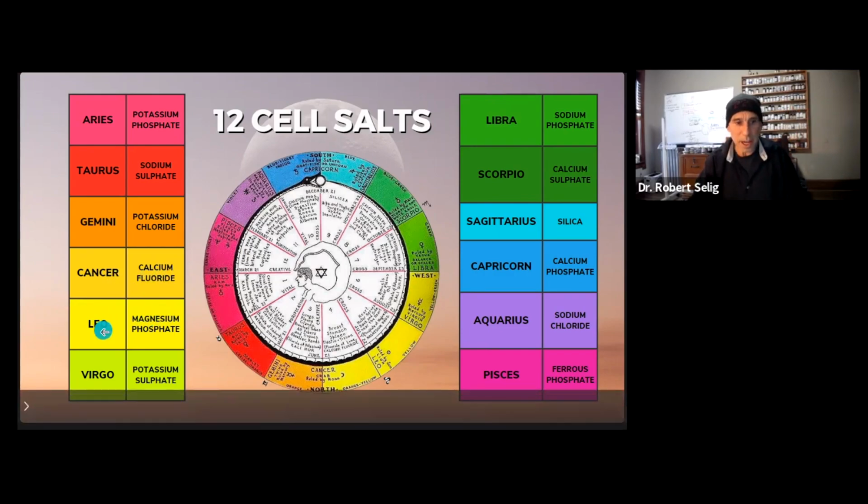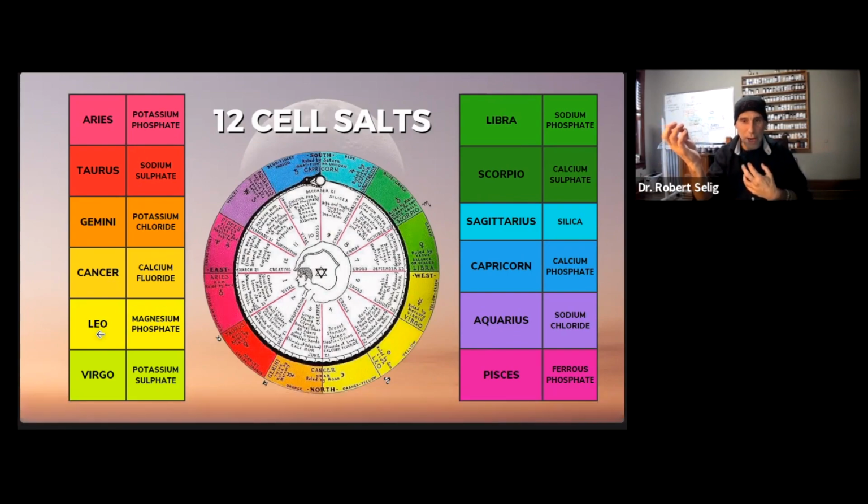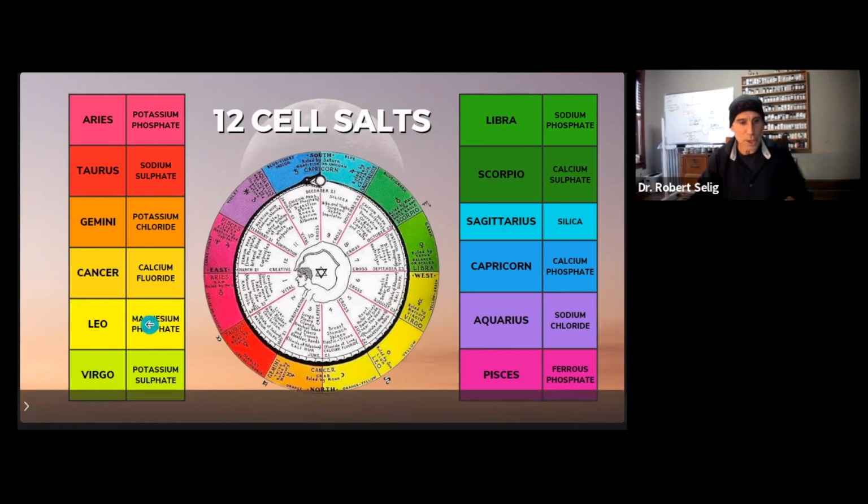Now the sun, of course, Leo is the heart. So the mineral most required in the heart is magnesium, that's the ATP generation. We know that magnesium is the magnetic energy of the sun.